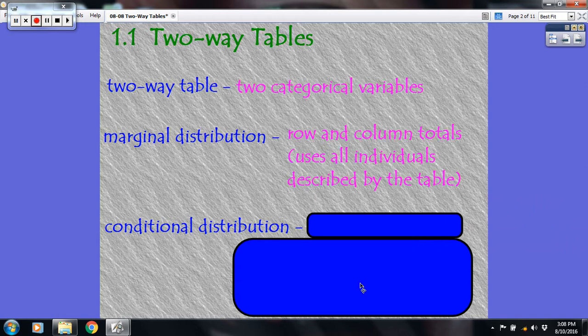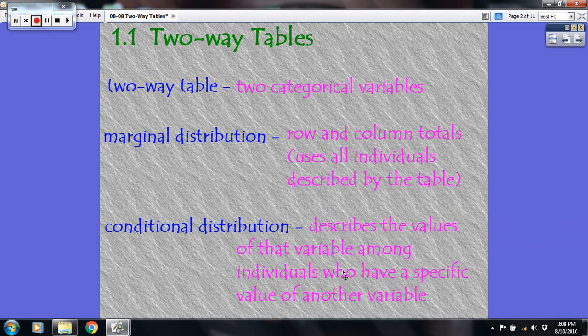And then we also have what's called a conditional distribution. The conditional distribution is going to describe the values of a variable alongside another variable.